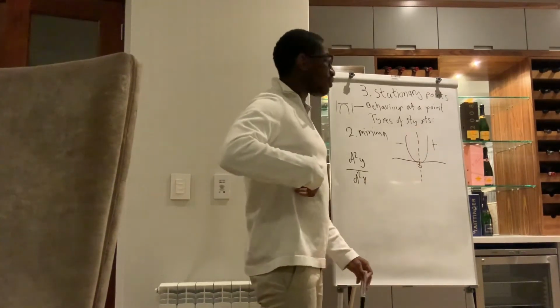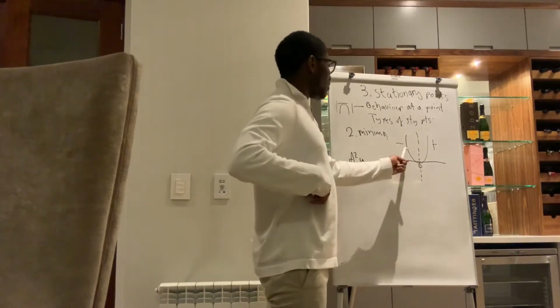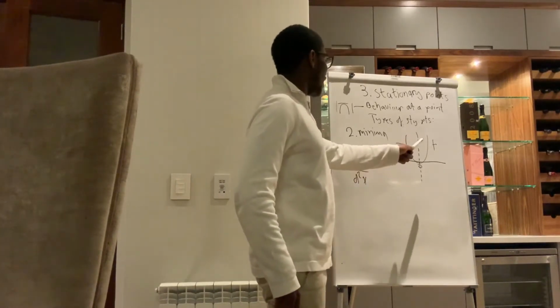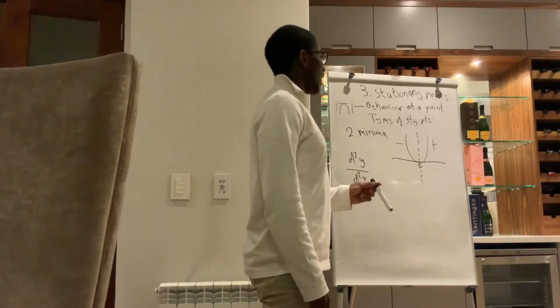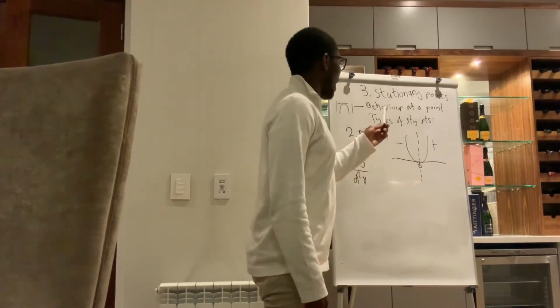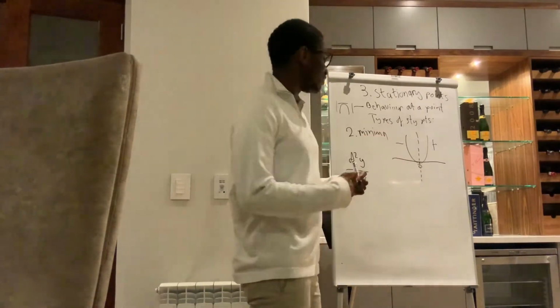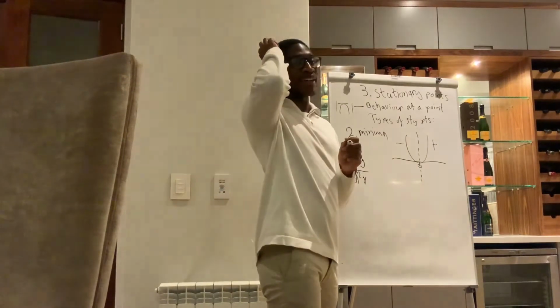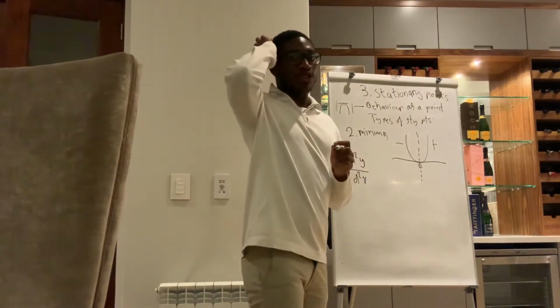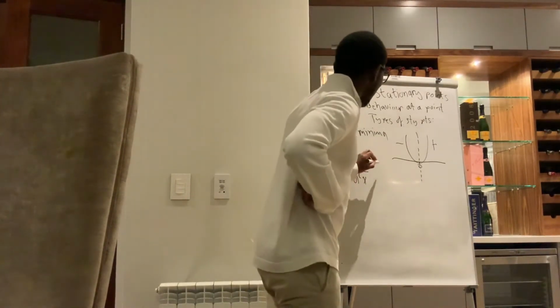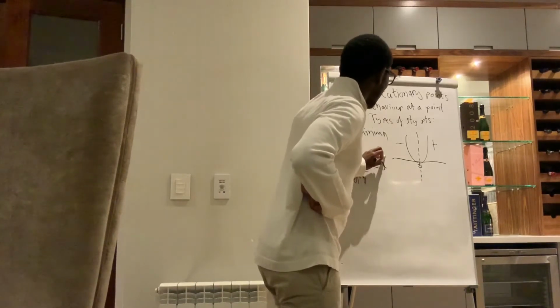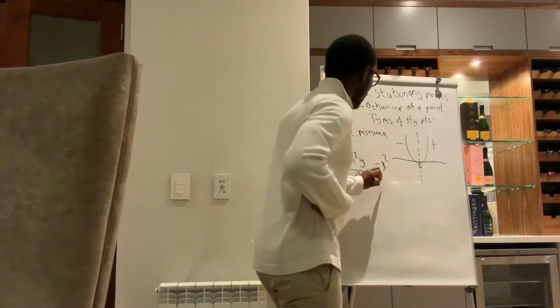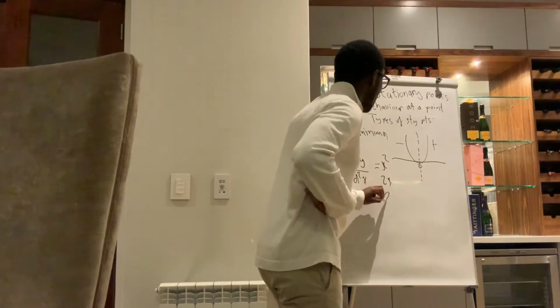If the function is convex, any stationary point must be the minimum. And why it matters that it's a quadratic function is, let's say the basic form of a quadratic function is x squared, right? The first derivative will be 2x, and the second derivative will be 2.